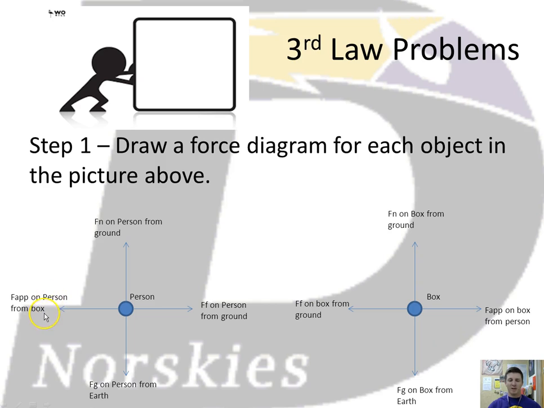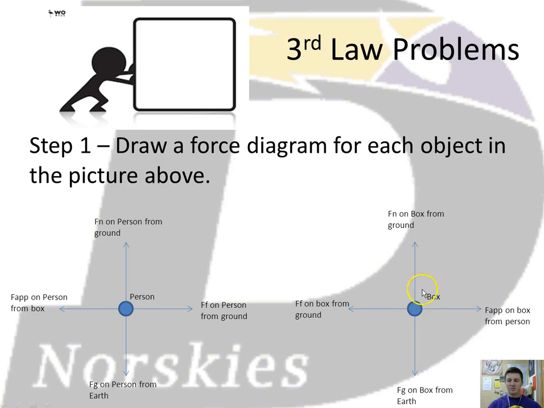So for example, force applied on the person from the box. Essentially, this box is pushing the person to the left if we're looking at the person. If we look from the perspective of the box and draw the force diagram for the box, we're going to have different forces.